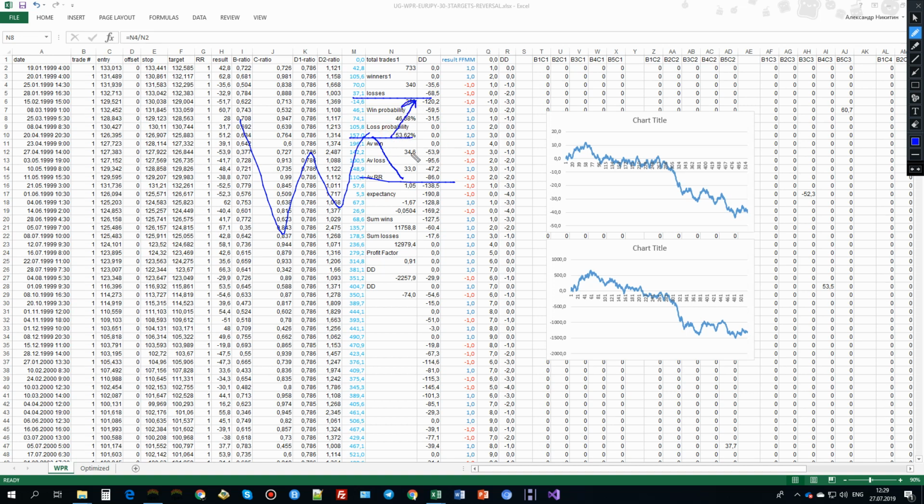So if you trade it the inverse way, you will have a positive expectancy. If you trade it the standard way, you will have negative expectancy, and it is minus 0.05. Okay, no spread is included here. I will add the spread a bit later.